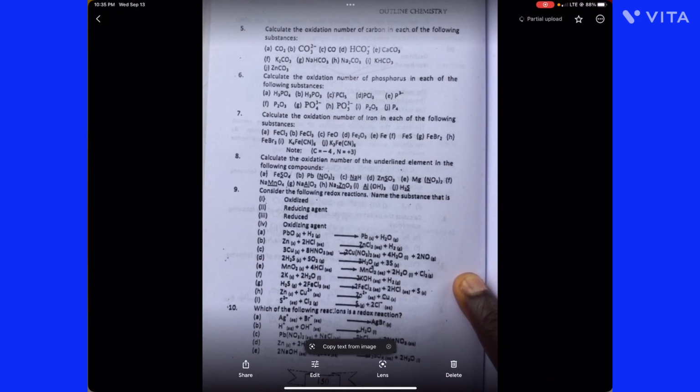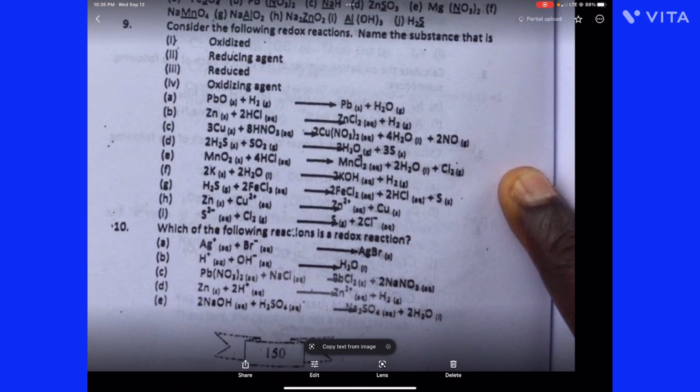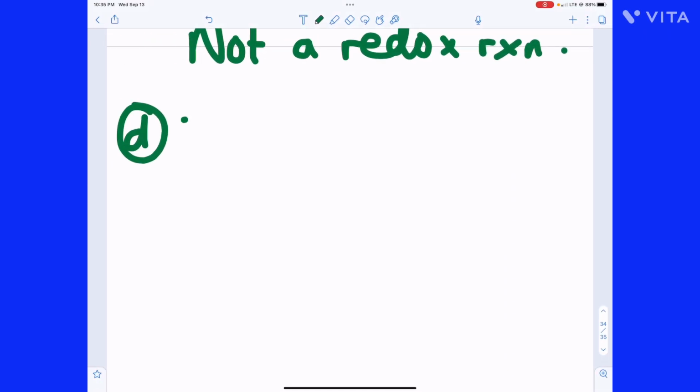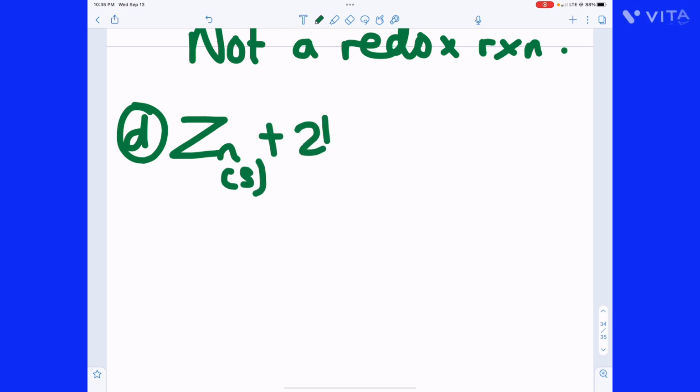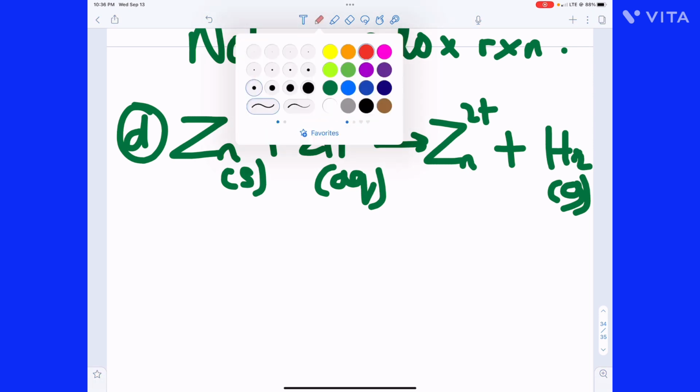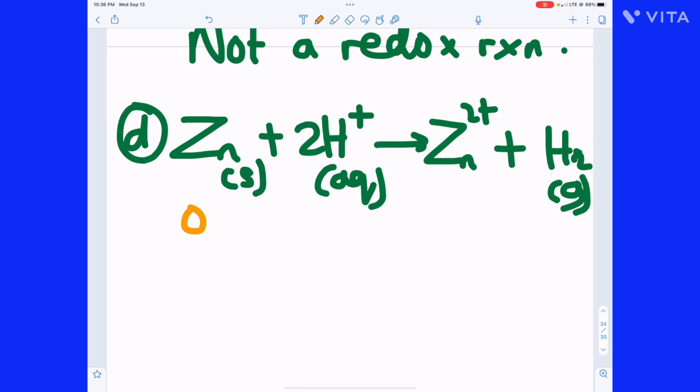In D, what do you have? Zn plus 2H+, okay. I think this one should be redox. Zn plus 2H+ aqueous to give Zn2+ plus H2 gas. Here, the oxidation number of zinc on the left is 0.